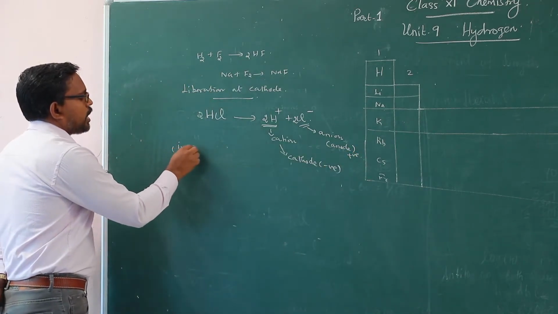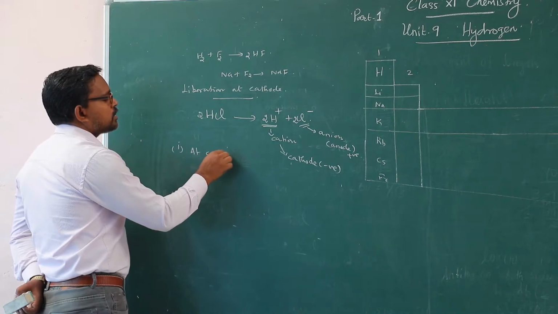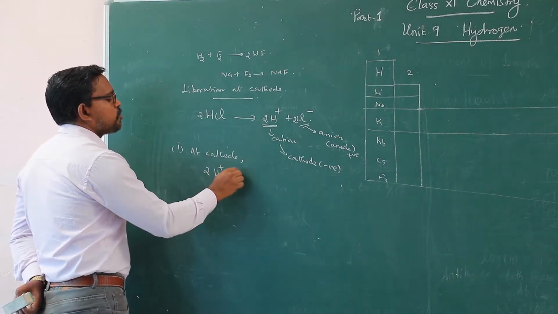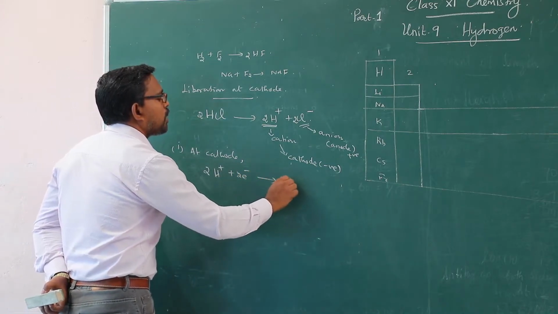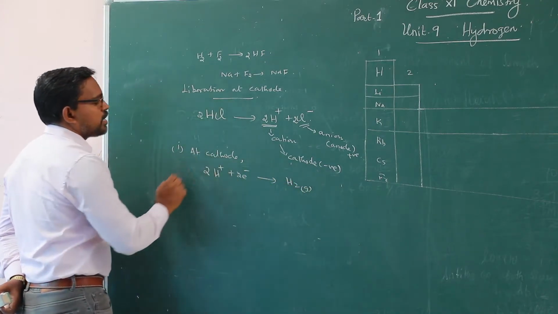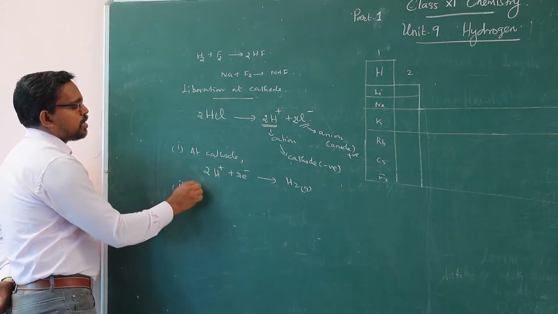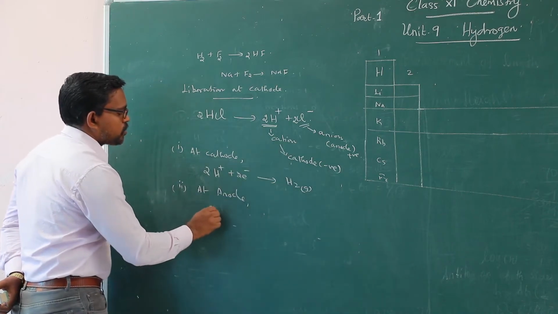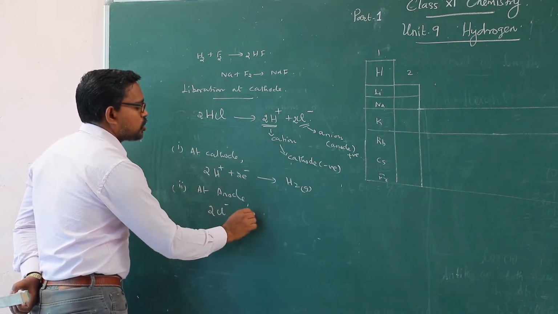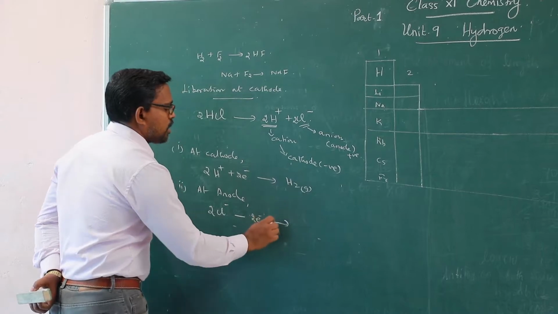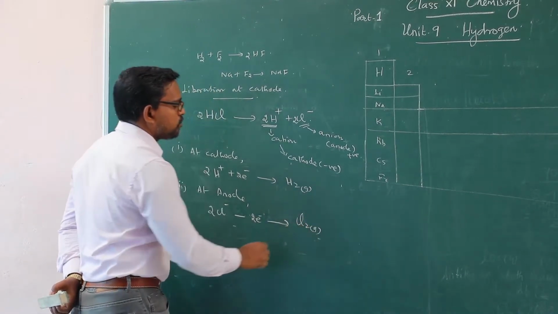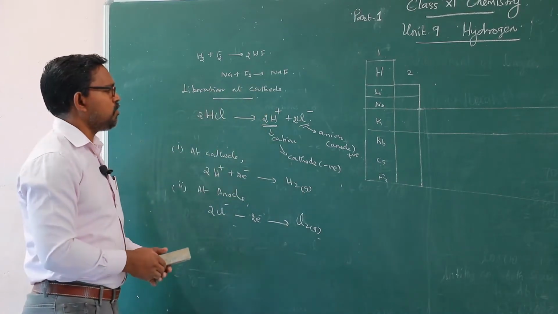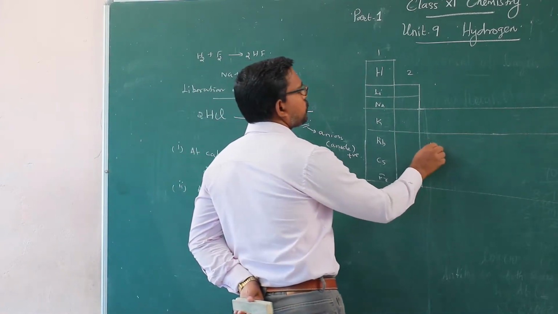So, at the cathode, what happens? 2H plus receives 2 electrons to form hydrogen. Hydrogen gas is liberated at the cathode. And at the anode, what happens? 2Cl minus loses 2 electrons from the valence shell and becomes Cl2 gas. In a similar way, for a sodium halide, we take sodium chloride.